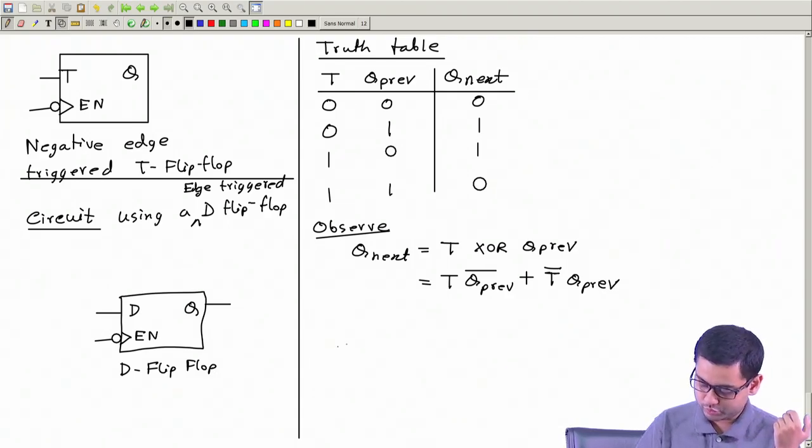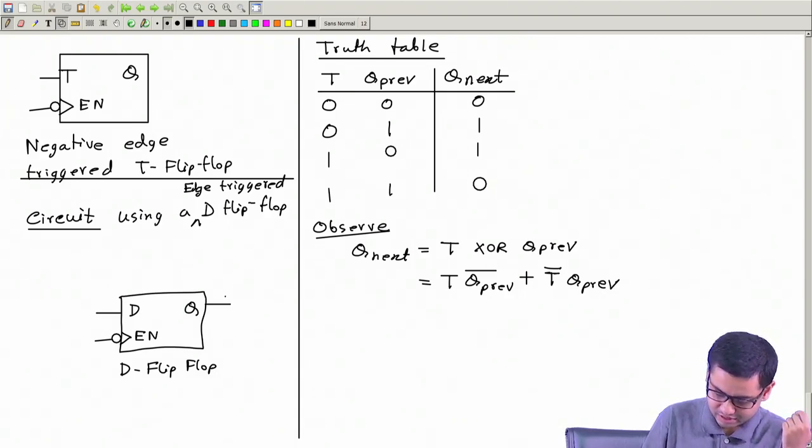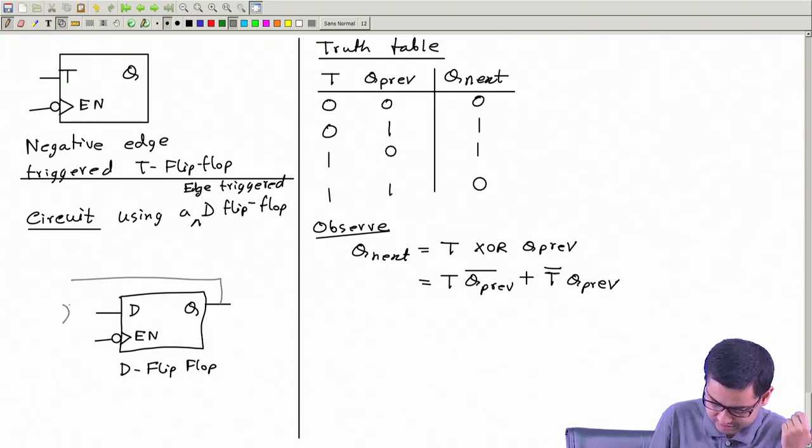So what we do, we do it like this. We take a kind of feedback. Then here we use a XOR gate.